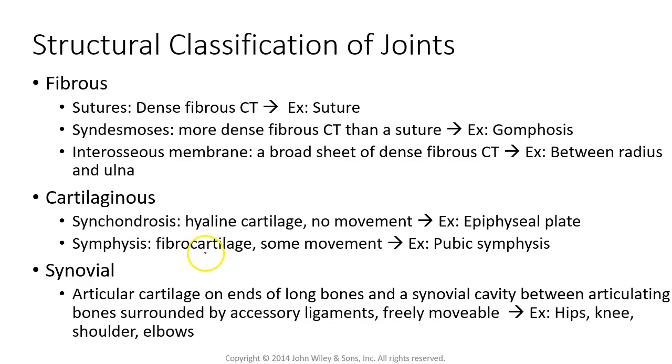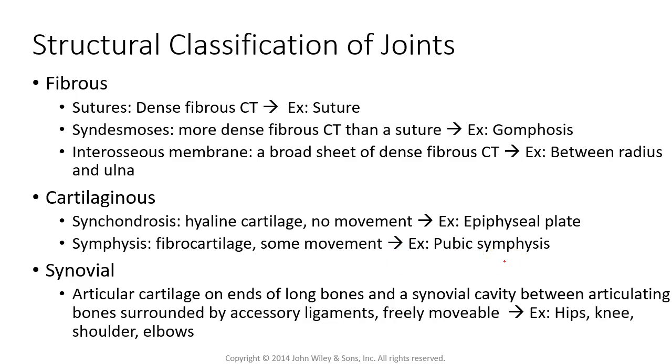Cartilaginous, you can guess they have some sort of cartilage involved. So synchondrosis and symphysis. Synchondrosis, we have no movement, such as at the epiphyseal plate, which we talked about, where we find growth of a long bone. Symphysis, fibrocartilage, there's some movement.